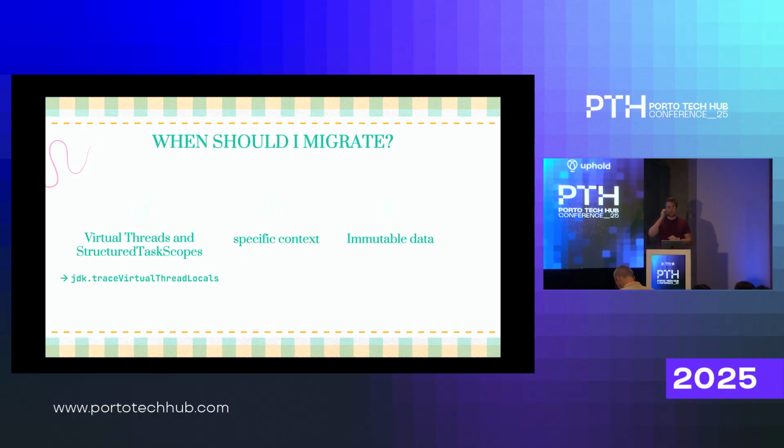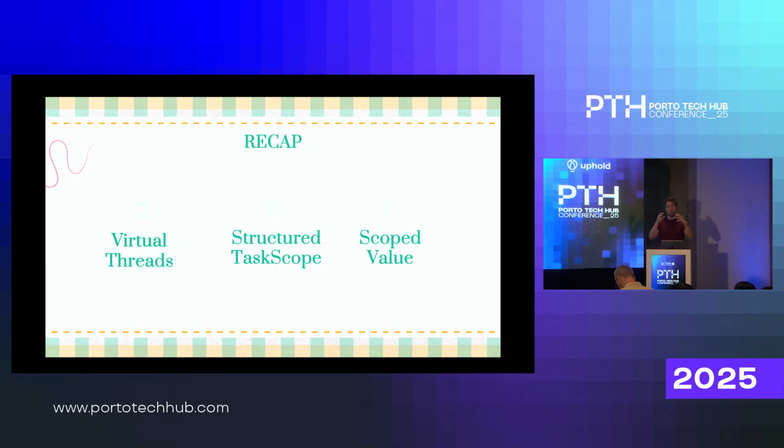Now, just a quick recap of what we talked about today before we go to the questions. The first thing is, of course, we talked a little bit about how virtual threads work, that they are a construct which only lives in the JVM, which uses worker threads to do their job. And because we often have highly input-output optimized applications, this means that we can have basically like 40 worker threads for 1 million virtual threads.